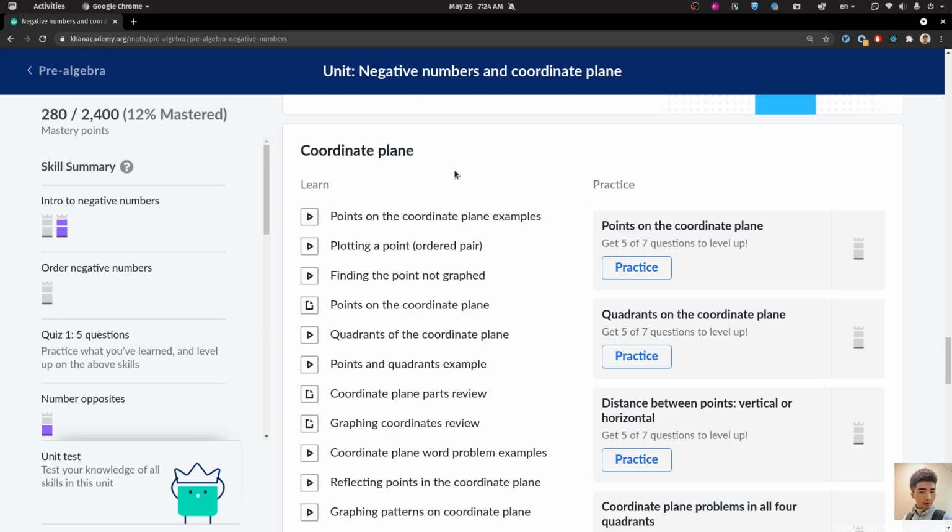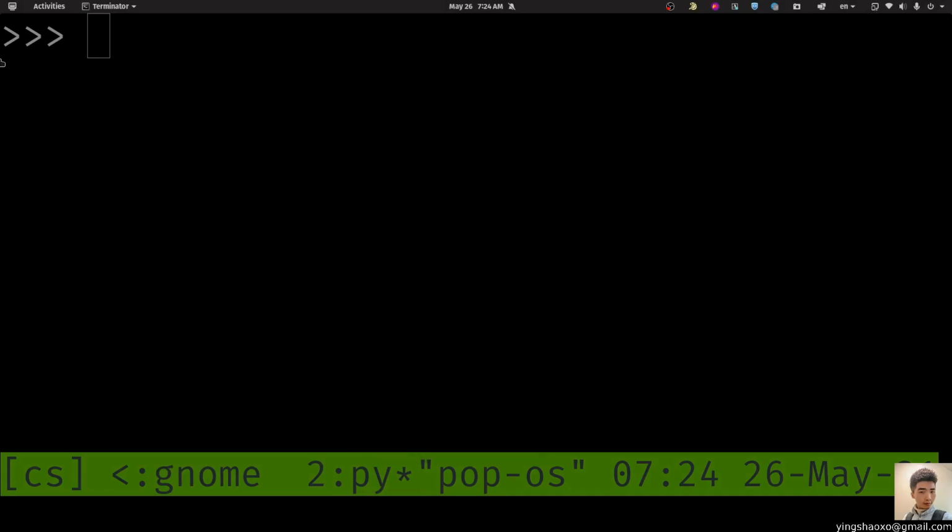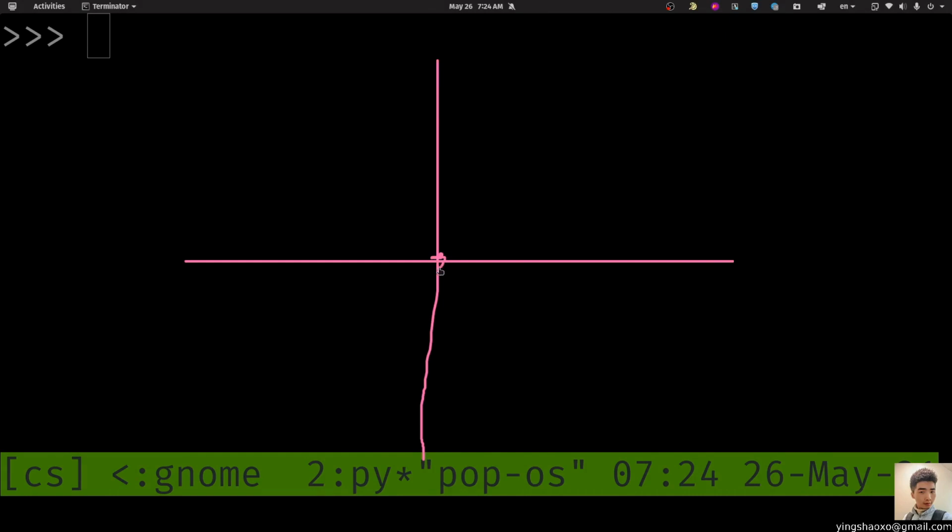Oh, 2D means two-dimensional world. I don't know how to explain it to you. Let's say, for example, we've got my desktop, and I could draw a 2D plane. At the center, I could define a point that equals 0.